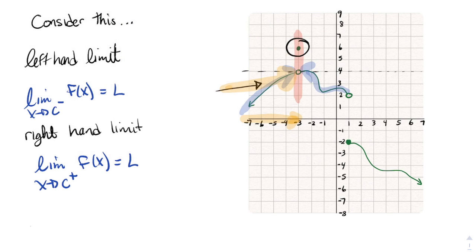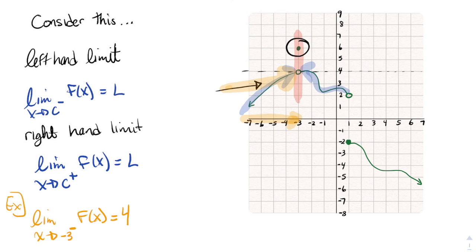So let's write that. The limit for this example as x goes to -3 from the left-hand side, we're just going to say this is f of x because this is some function, equals 4. And now let's look at it from the right-hand side.